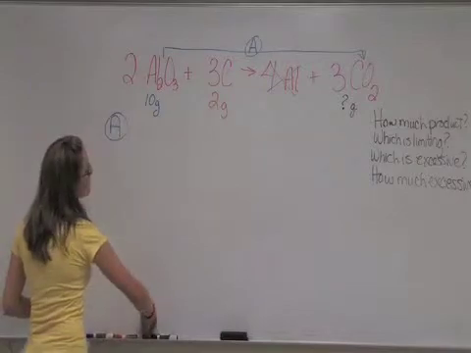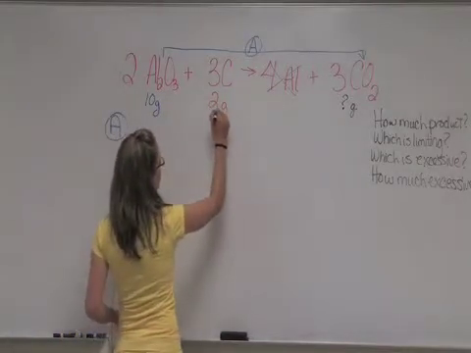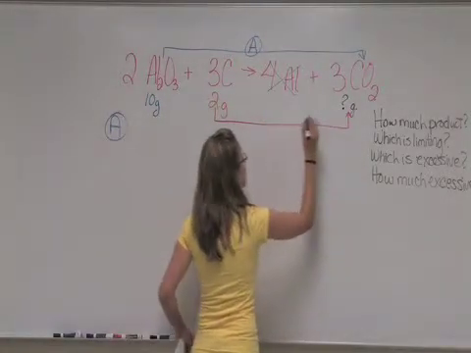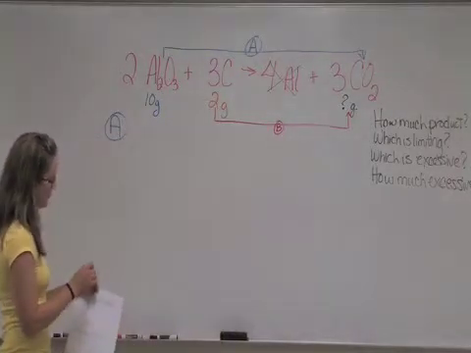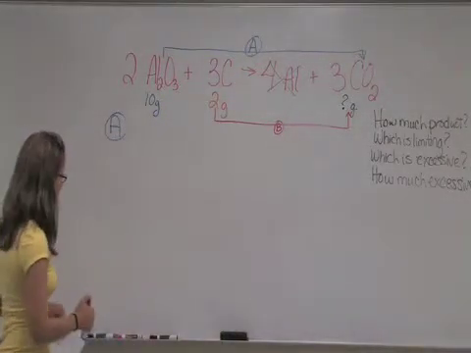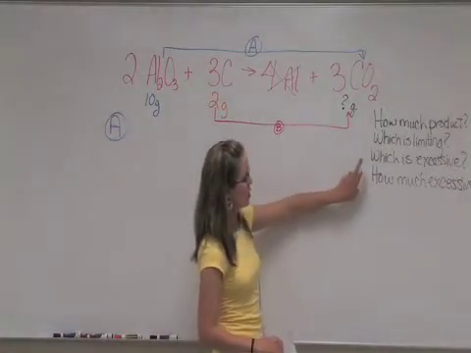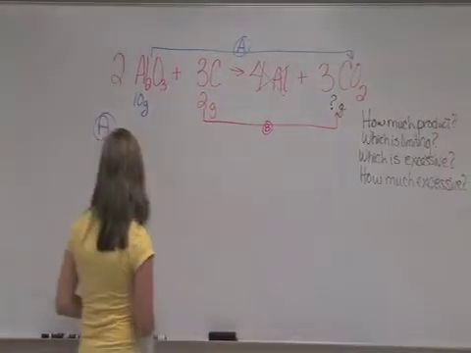Part B is going to be from carbon. If I use all 2 grams of carbon, how much CO2 can I make? Part C and D we'll have to do when we're done with A and B, but C and D answer this question. A and B, we can answer these first 3 questions.